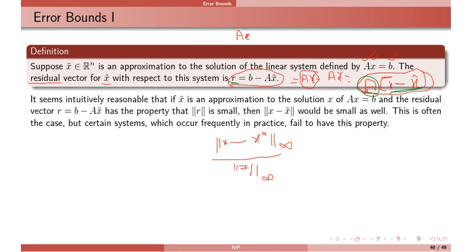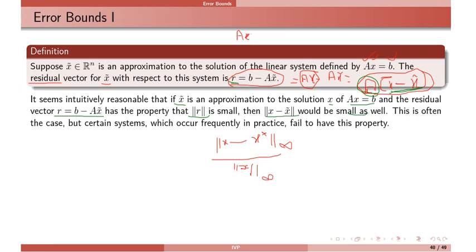So we will study here that if x bar is an approximation to the solution x of the system Ax equal to B, and the residual vector R equal to Ax minus A x tilde has the property that norm of R is small, then the error is small.